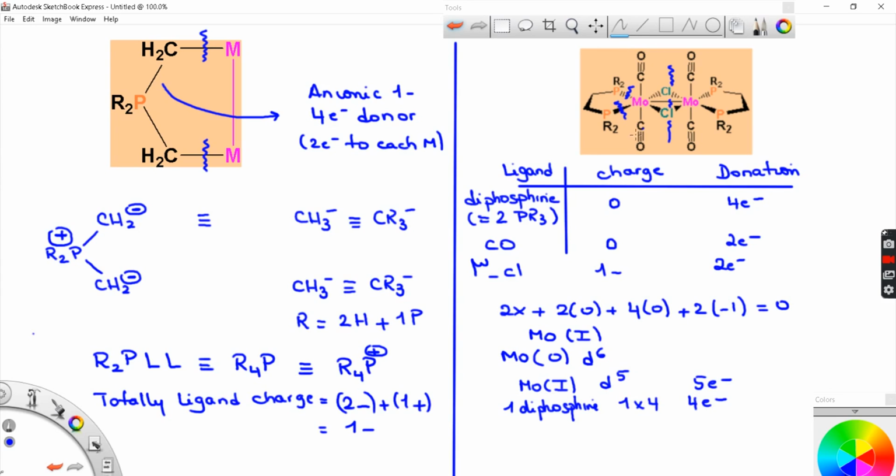We have 2 CO on metal, so 2 times 2 equal 4 electrons.